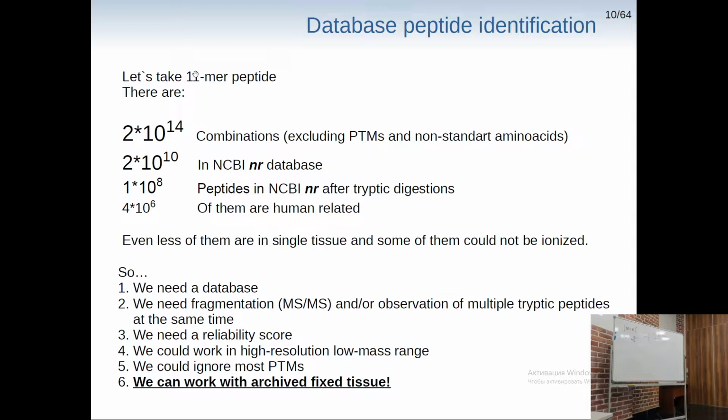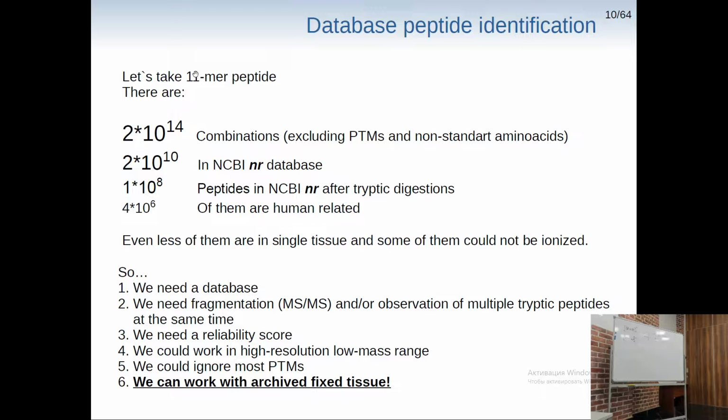So, what are our conclusions? Our conclusion is that we need a database, of course. This database can be used in different ways. The better this database is annotated, for instance, if it's already in protein format, the better for us, we can use it more easily.